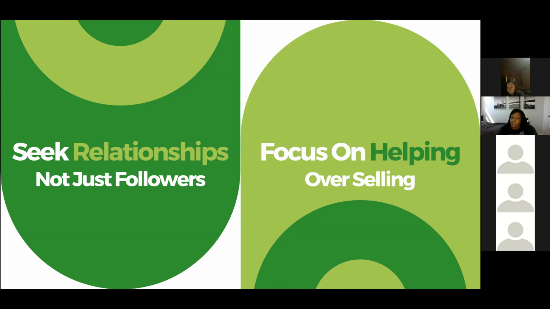Because it's in the name, social media. Overselling is what I'm saying with the 80-20 rule. If you're constantly doing sales posts all the time, you're not doing anything for them. You're just boasting about what you have and trying to sell your clients a home or help them buy. But always focus on helping them.